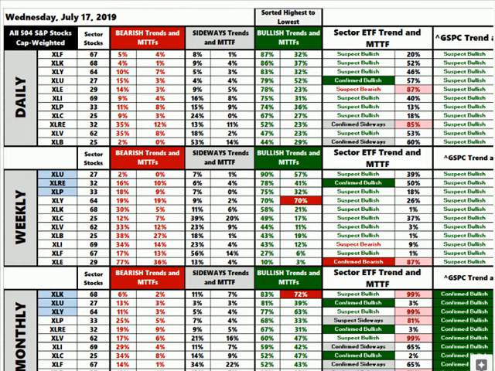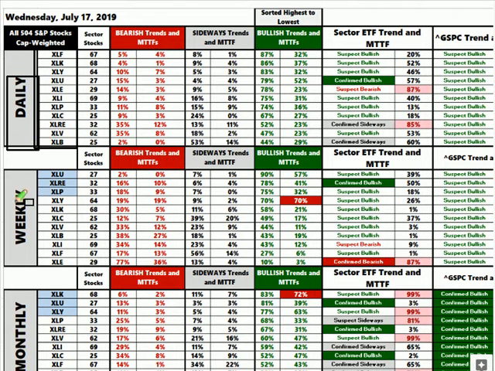Okay, so we're going to start here today with this work that one of the mentors does, which has to do with cap-weighted stocks, and I kind of like this, and that's why I'm throwing it on the video. What's most interesting is, if you're looking at the S&P 500 and the components that are in it, and you're looking to see which ones are the hot sectors, so to speak, by looking at the trends on the cap-weighted basis, we might be able to get a better read, and that's the whole theory behind this.